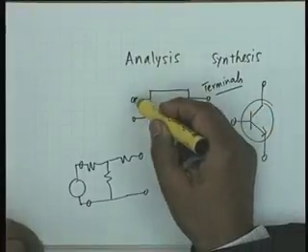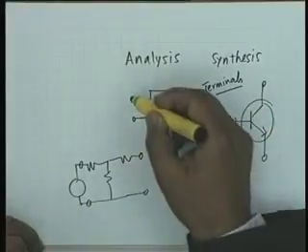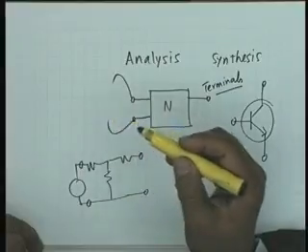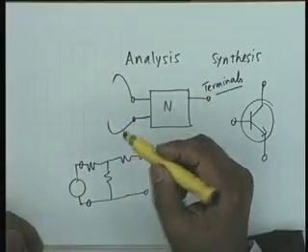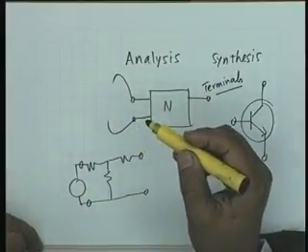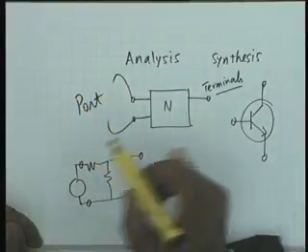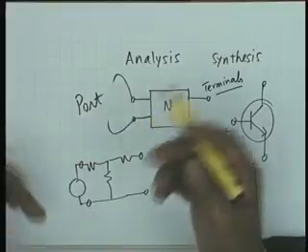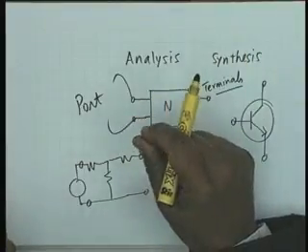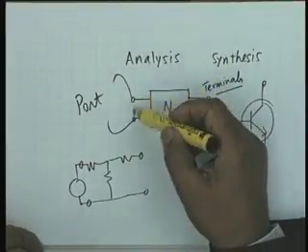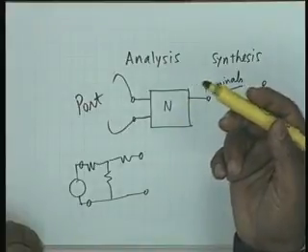So two terminals to which can be docked a source or a load is called a port, and I intentionally use the word docked. It is like a ship docking at a port, and the terminology is basically borrowed from that.